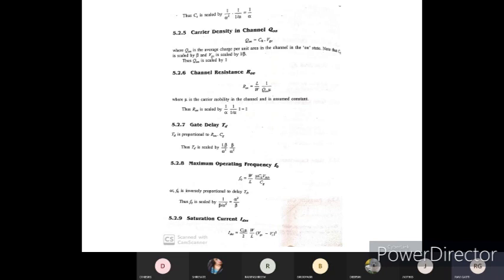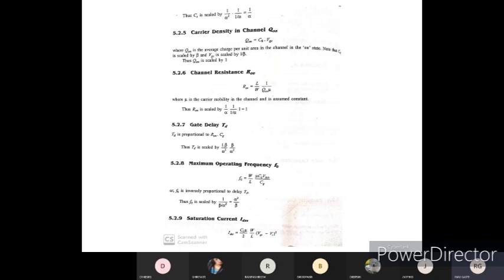We will assume this carrier mobility as a constant because it does not have an effect on this channel resistance. Therefore R on is nothing but 1 divided by Q on into mu. We can scale this channel resistance by 1 by alpha divided by 1 by alpha, so alpha and alpha will cancel each other, and you'll be getting 1.